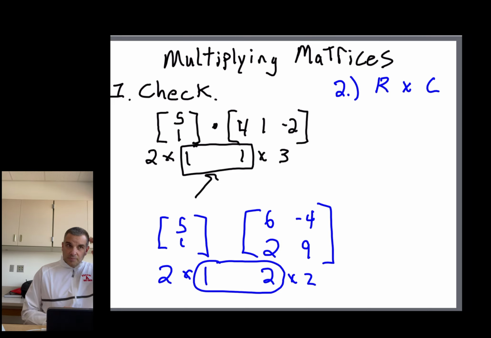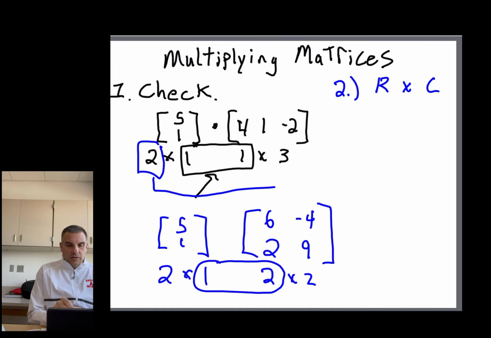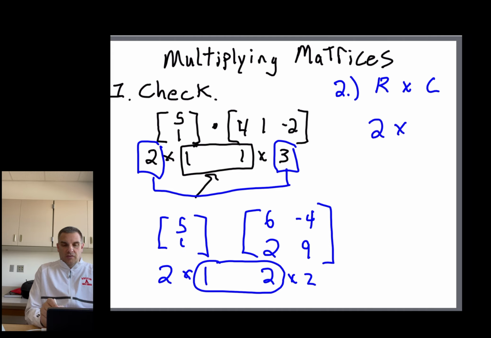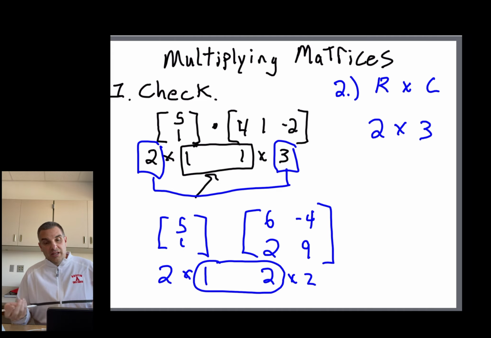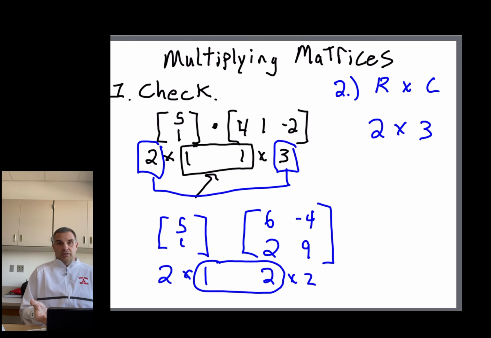Well, we go back to the first one and look at the number of rows in the first one and the number of columns in the second one. That is going to create the dimensions of our new matrix. So we've got a 2 by 1 and a 1 by 3. The end result to this one is going to be a 2 by 3 matrix.